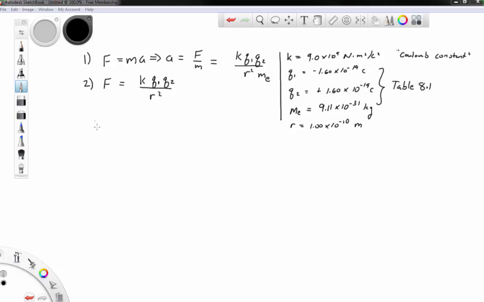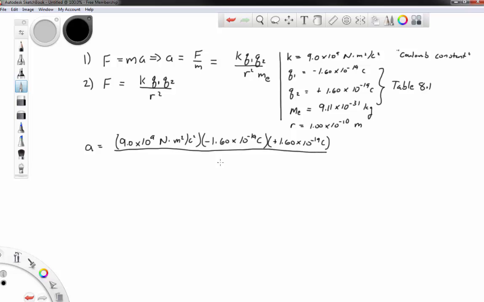Okay, so if we plug all those in, we end up getting that the acceleration is equal to 9.0 times 10 to the 9 Newton meters squared per Coulomb squared, that's the Coulomb constant, times minus 1.60 times 10 to the minus 19 coulombs, that's for the electron charge, and then another plus 1.60 times 10 to the minus 19 coulombs, that's the proton's charge, and then that's got to be divided by 1.00 times 10 to the minus 10 meters, the separation distance, so that's got to be squared.